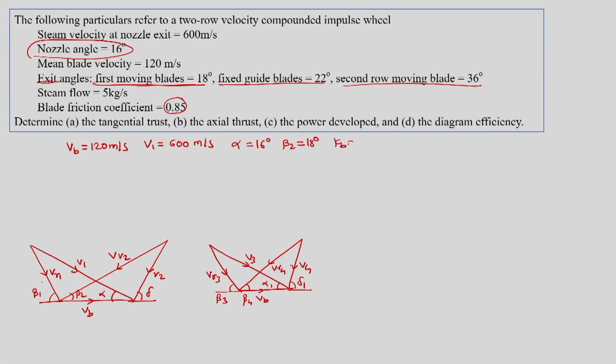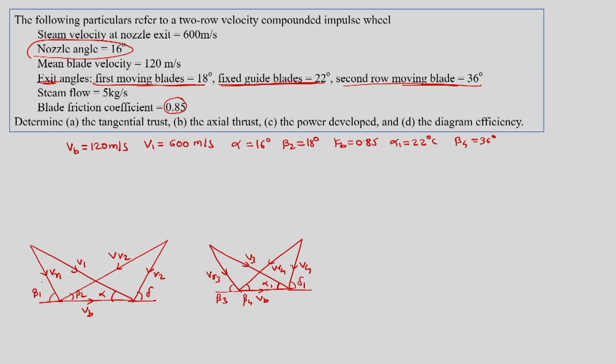Then friction factor KB is 0.85, and then we are told that alpha 1 is 22 degree, since it is the exit angle for the first guide blades, and for the second moving blades, beta 4 is given as 36 degree. Knowing this we should proceed with this example.